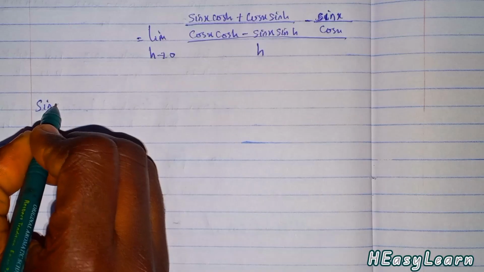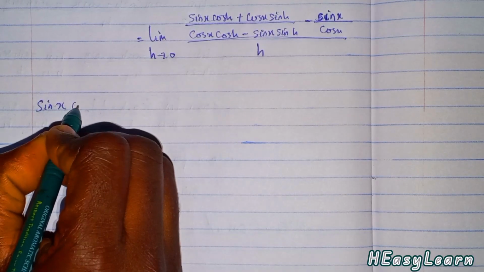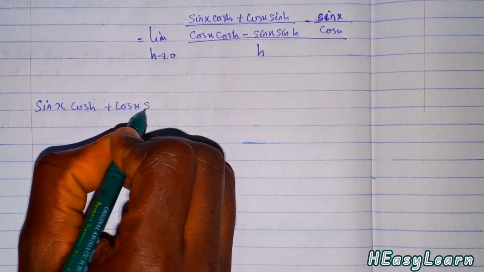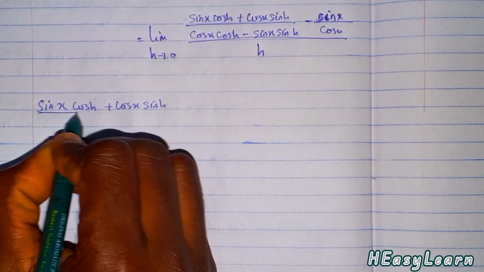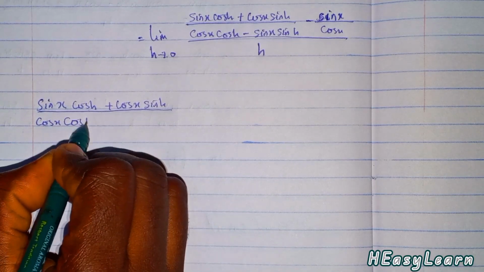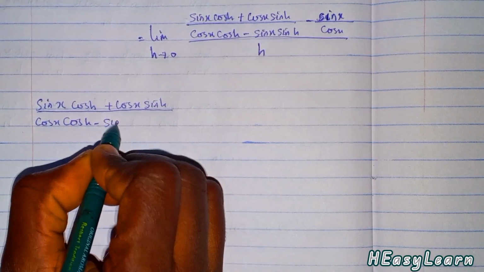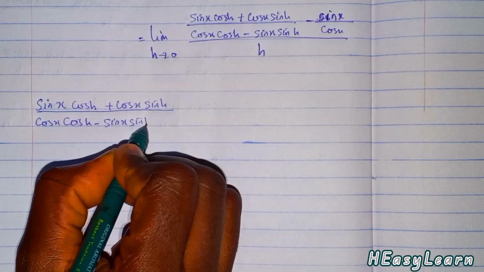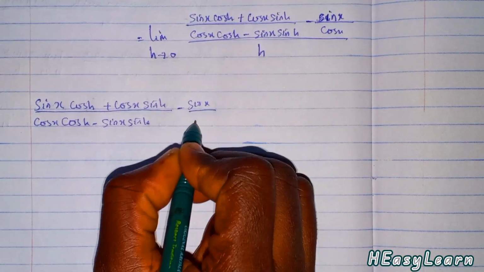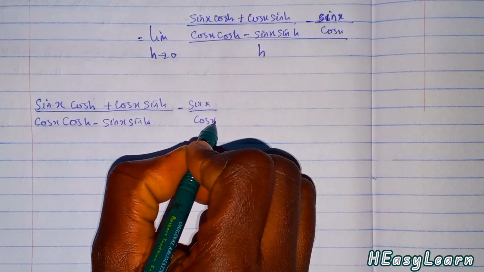Denominator: sin x cos h plus cos x sin h over cos x cos h minus sin x sin h, minus sin x over cos x.